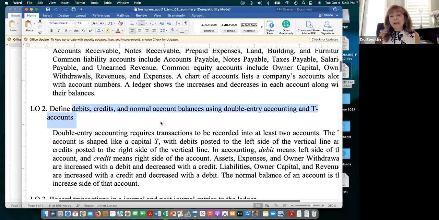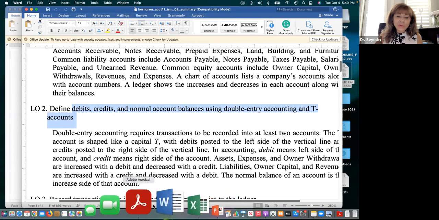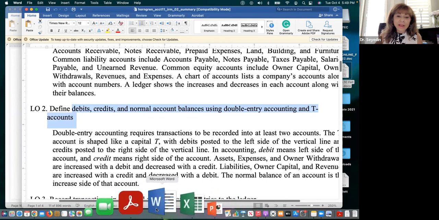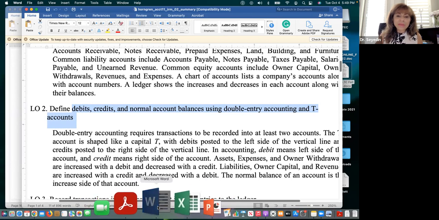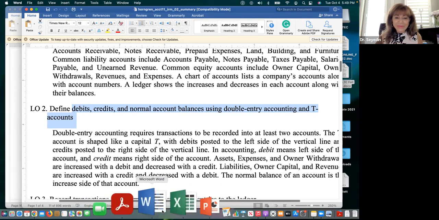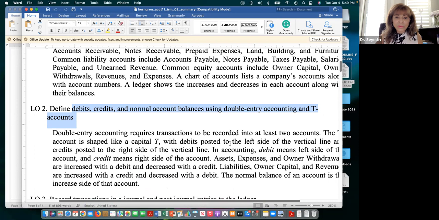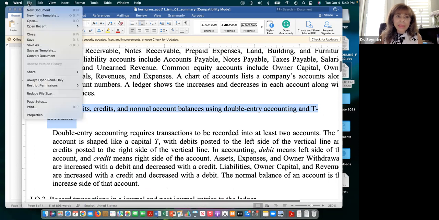Now, the best way to learn debits and credits would be by using, I'm going to just open a blank. I don't like using the whiteboard. I don't like it when it's all messy. So I want to open a blank.